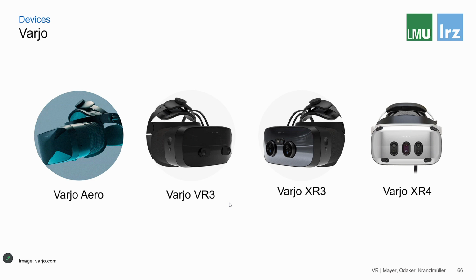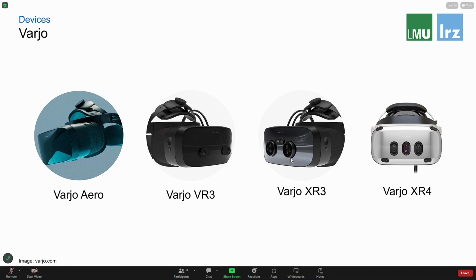Varjo decided that right in front of you is where you look, so that's where we need more pixels. In the side areas we don't look there, so we need fewer pixels. So they went with a variable PPD to give you better overall image quality right in front of you. And the image quality of the XR3 is really very good. The LiDAR depth image is also very precise and very good. So it is a really high-end device.